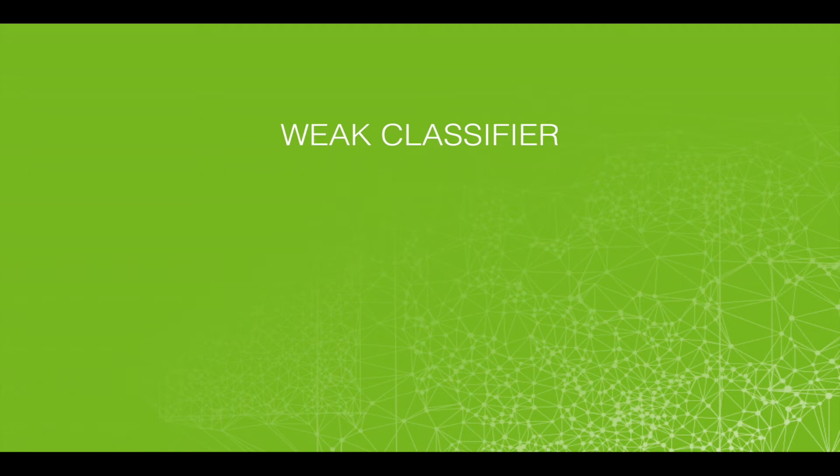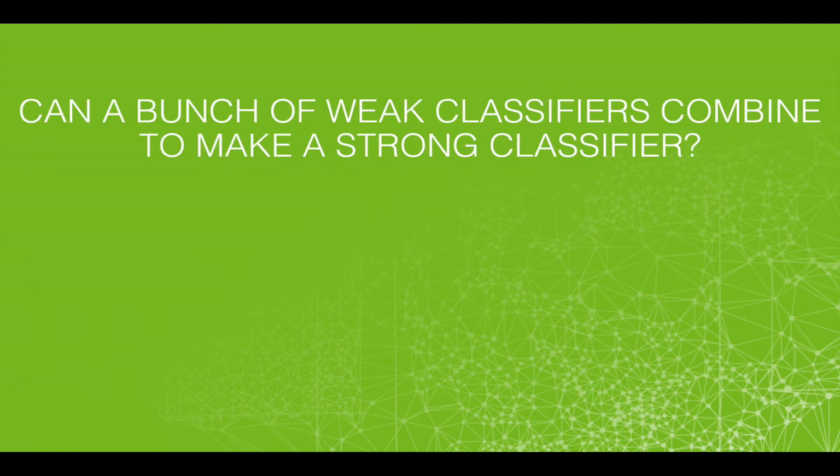So now the question is, knowing that intuition about people, and knowing our definition of a weak classifier is one that's just a little bit better than chance in classifying a task. If we're only looking at a yes-no classifier, let's say that classifier is only 60% accurate. Can we take a bunch of these weak classifiers and combine them to make a strong one?